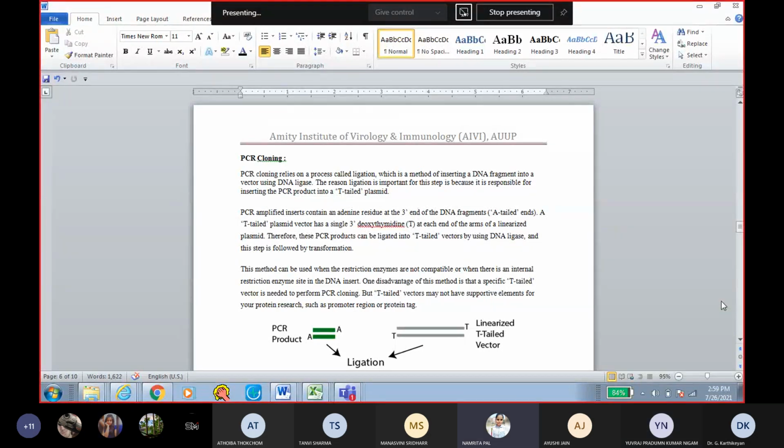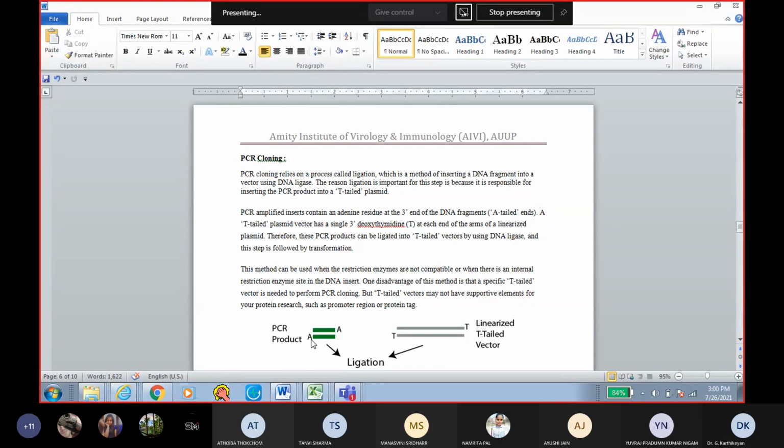When you do a PCR, it is typically done with polymerases like Taq polymerase, most commonly. When you do PCR with Taq polymerase, it has this unusual property of adding a single A nucleotide at the end of the PCR product.